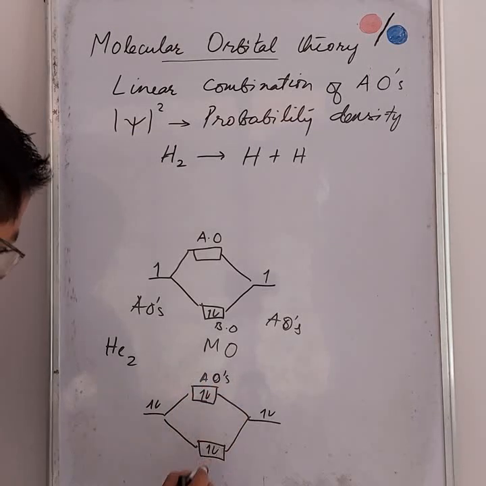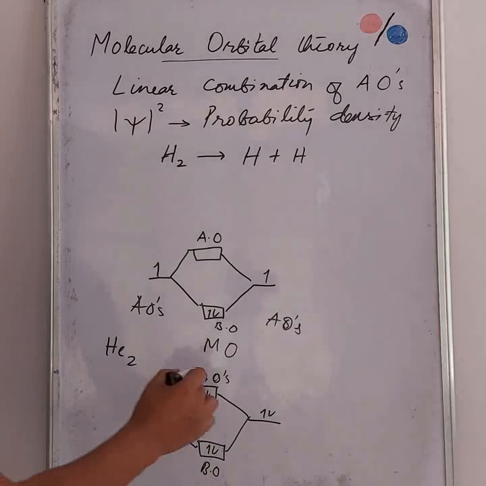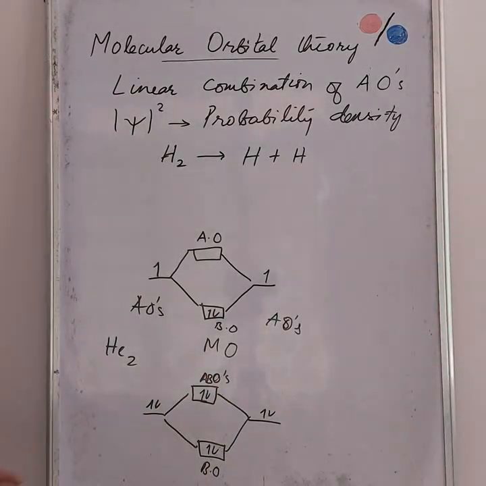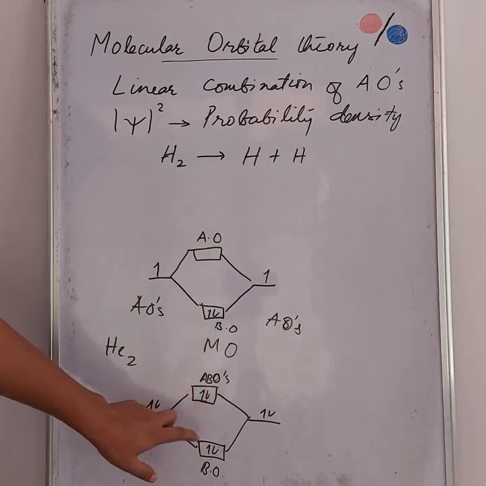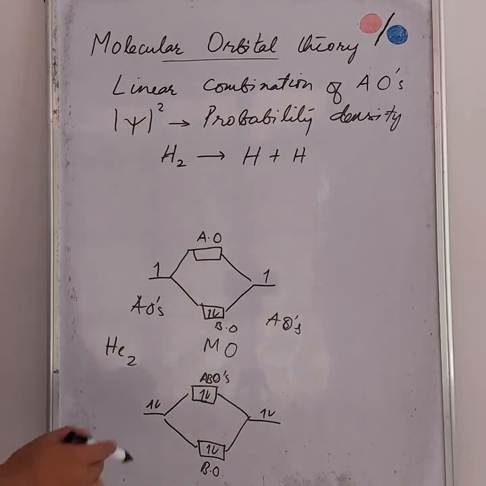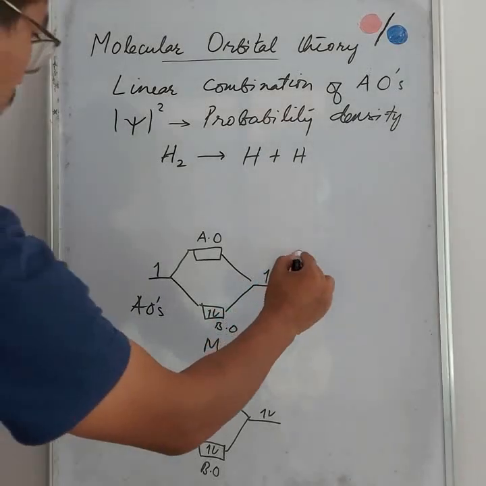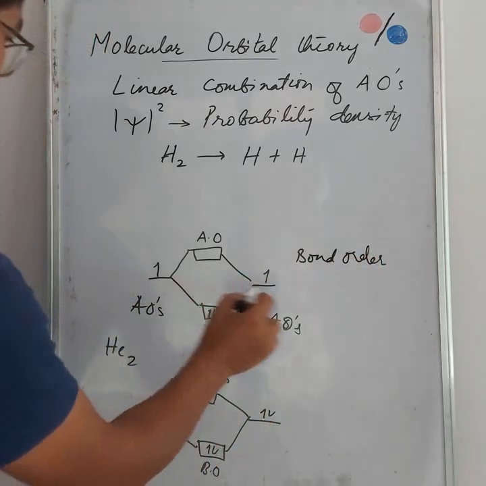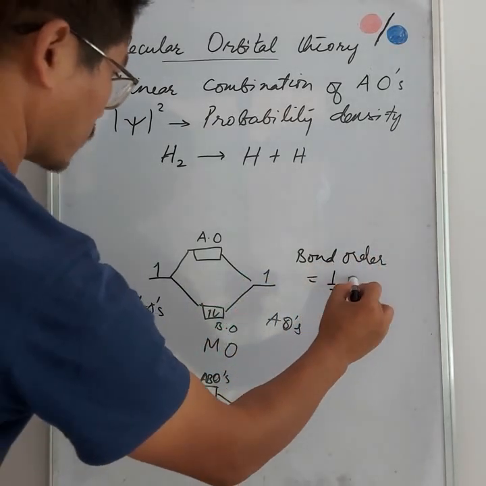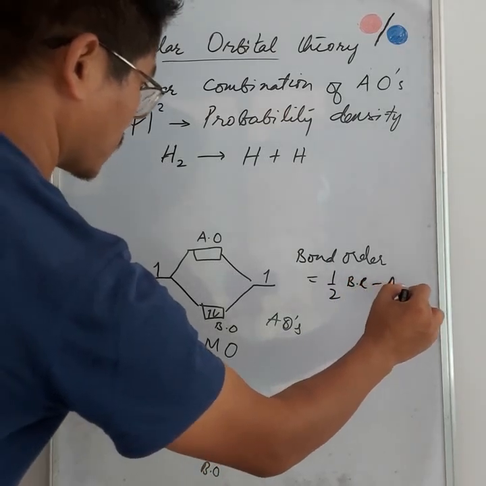So the bonding and antibonding orbitals. For the calculation of bond order, bond order is equal to half of the bonding electrons minus the antibonding electrons.